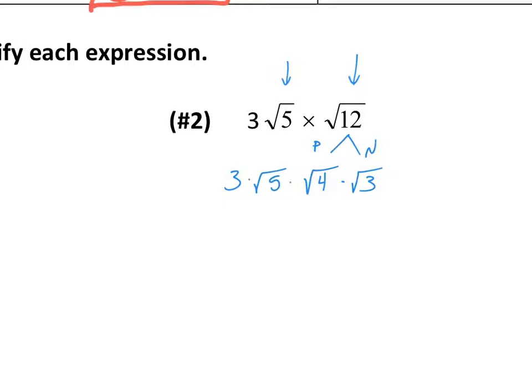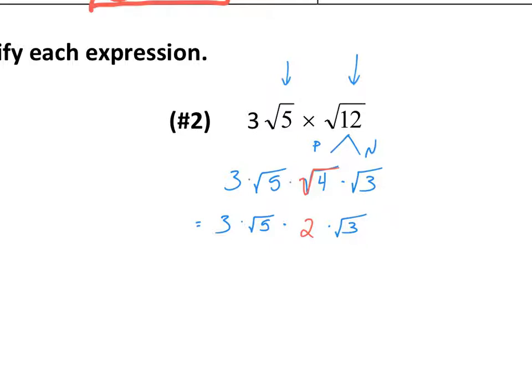So it's 3 times the square root of 5 times the square root of 4 times the square root of 3. Okay, and then this perfect, right here, the one in red, that's actually just 2. The square root of 4 is 2. So now we have 3 times the square root of 5 times 2 times the square root of 3.